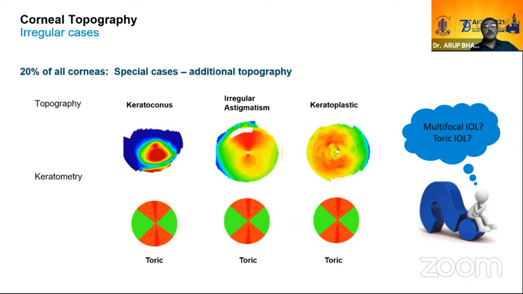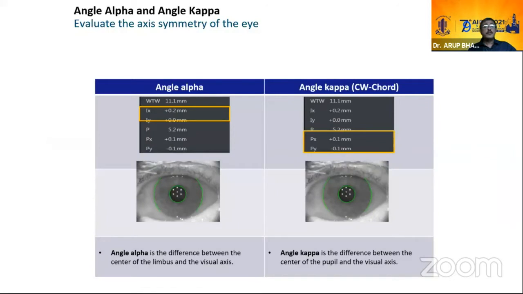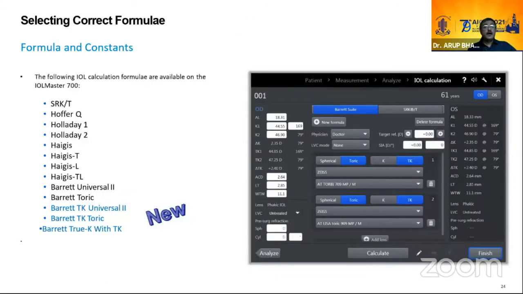See, this keratometry never replaces the actual topographical keratometry, but it gives you a rough idea whether you should go for topography and whether the patient is suitable for a premium IOL, that is a multifocal IOL or toric IOL. It also gives you the angle alpha and angle kappa, which is very important in case of a multifocal IOL or trifocal IOL.